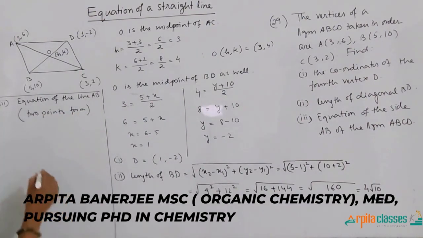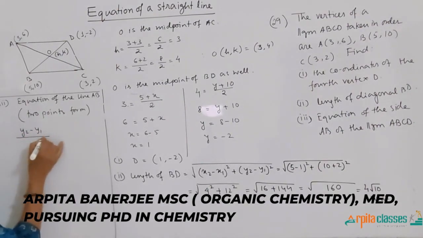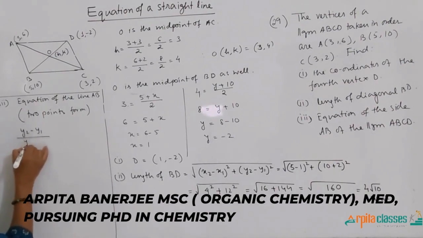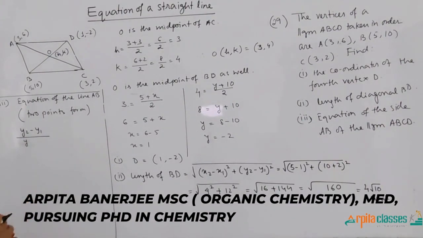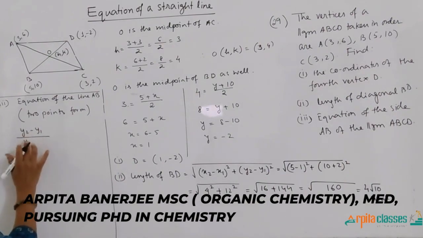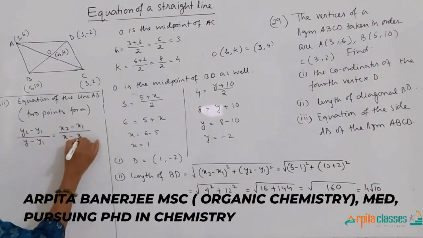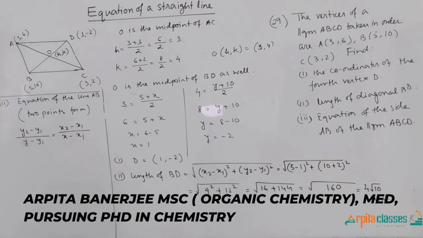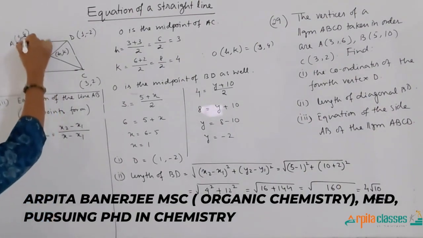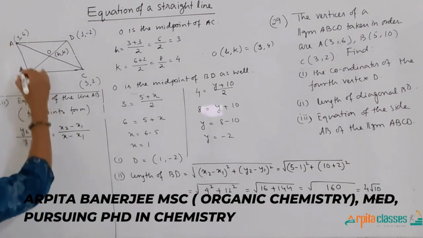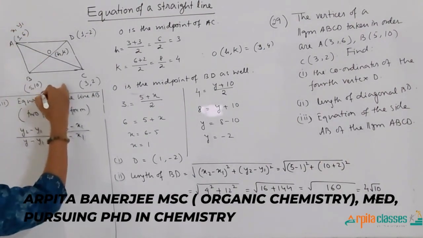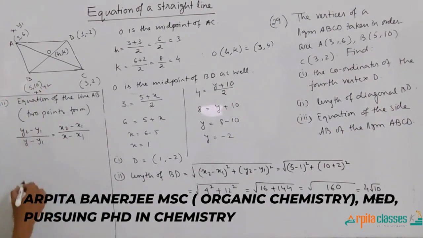Let us first write down the two-point form. Let us consider this as x1, y1 and this as x2, y2. So y2 is 10 and y1 is 6.